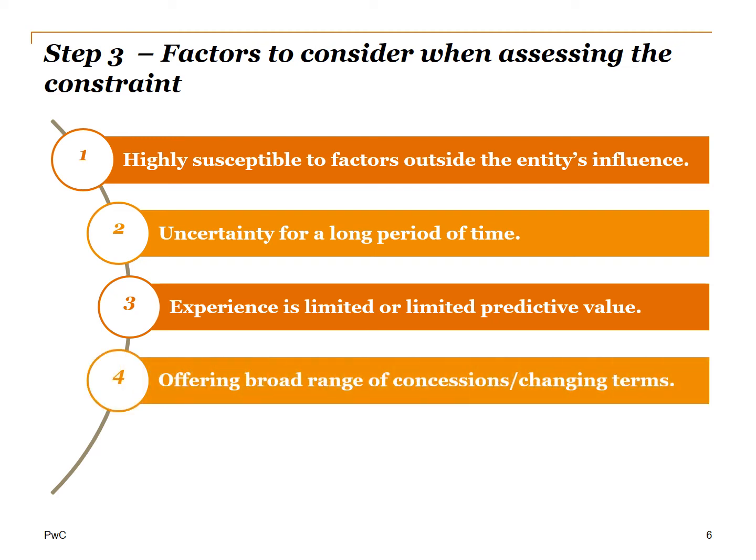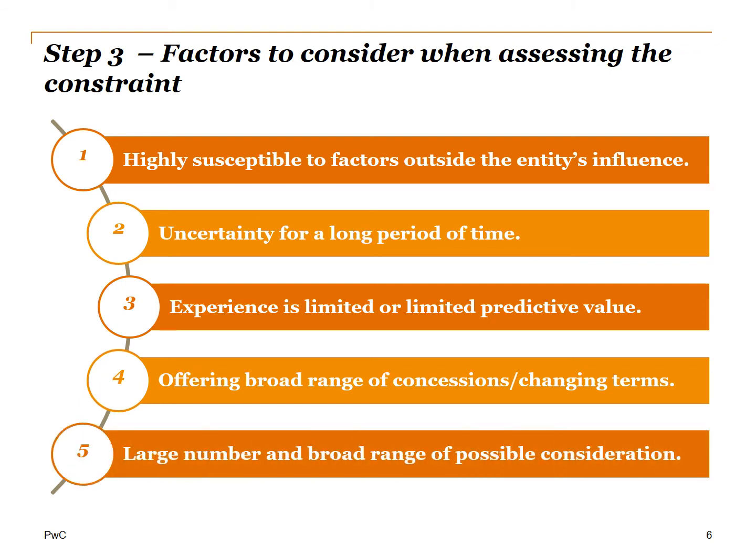The entity has a practice of either offering a broad range of price concessions or changing the payment terms and conditions of similar contracts in similar circumstances. The contract has a large number and broad range of possible consideration amounts. All of the factors should be considered, and no single factor is determinative.